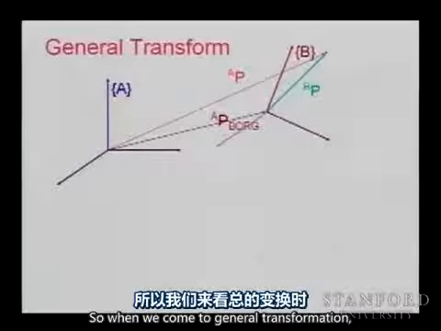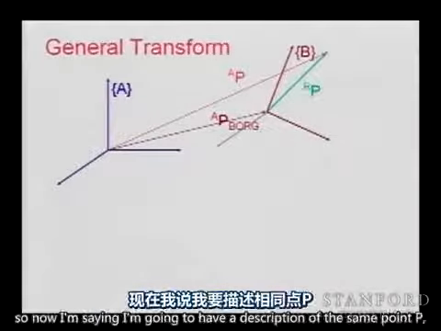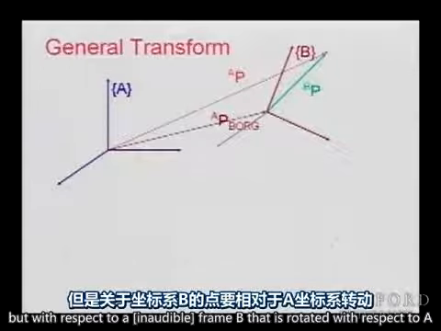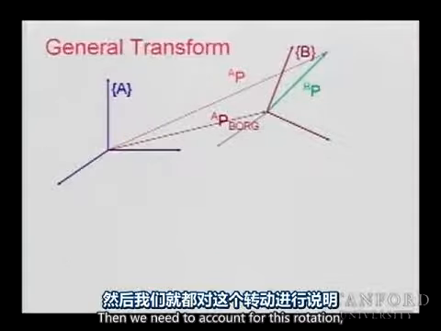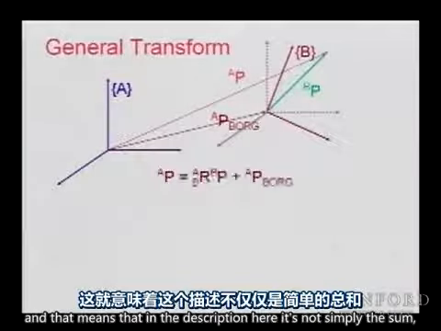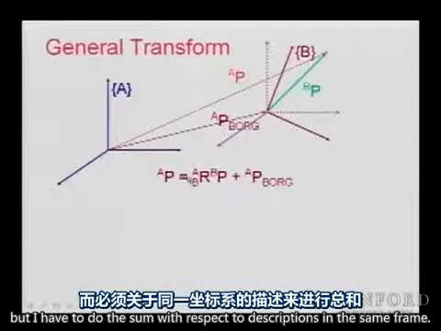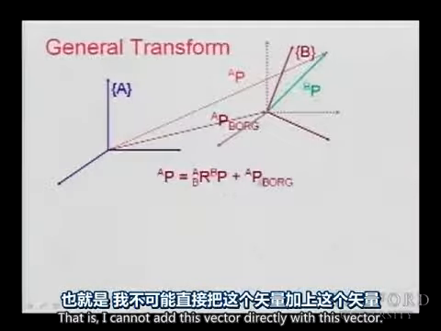So when we come to the general transformation, I'm going to have a description of this same point P, but with respect to an arbitrary frame B that is rotated with respect to A. Then we need to account for this rotation, and that means that in the description here it's not simply the sum, but I have to do the sum with respect to descriptions in the same frame. That is, I cannot add this vector directly with this vector.